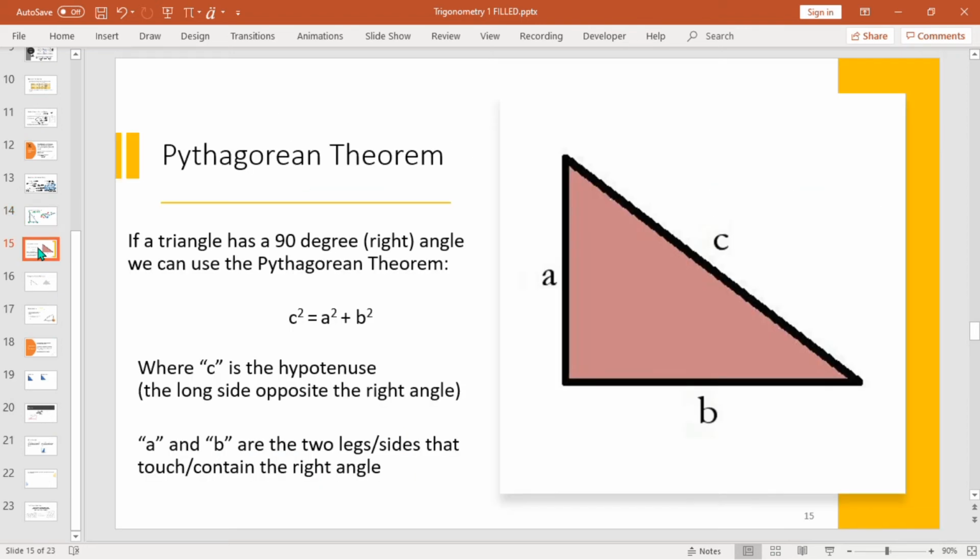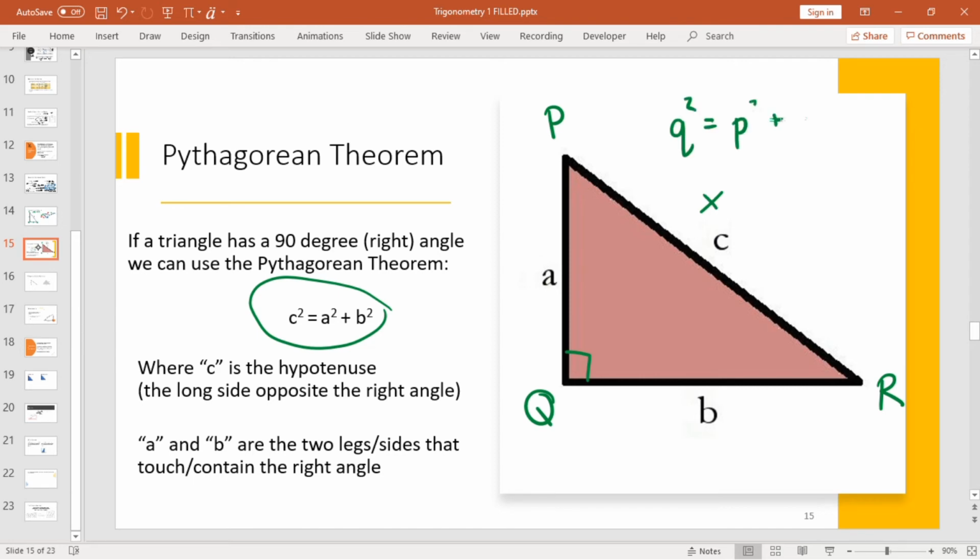Okay, let's start mathing. Put in my right angle, understood. So we've learned this a long time ago. If we have a 90-degree right angle, we can use Pythagorean theorem. And usually they just say c squared equals a squared plus b squared, but I mean, it could be anything. You think of our old triangle we just did, I think we had Q, P, and R. So if you wanted to solve for this side, you would have Q squared equals P squared plus R squared.